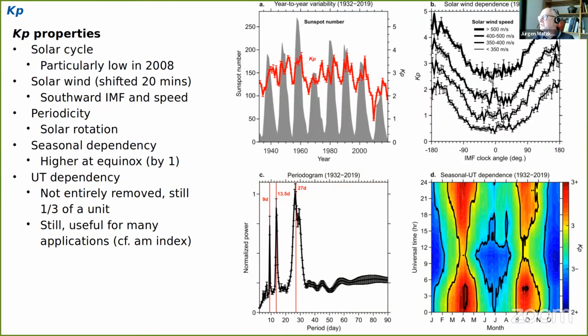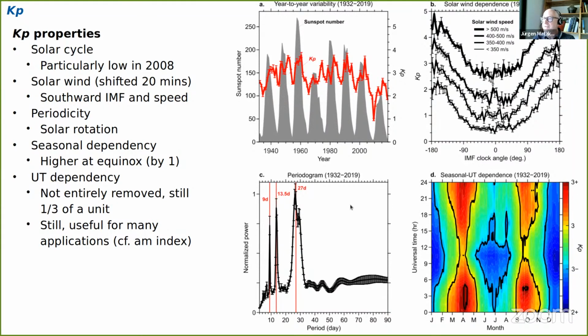So you can see there is a good correlation between solar wind speed and KP. From left to right, you see the IMF clock angle. Here in the center, we have northward IMF, and correspondingly we have low geomagnetic disturbance, low KP values. And here on the sides, you see much higher KP values for southward IMF.